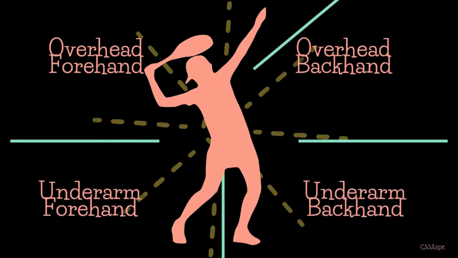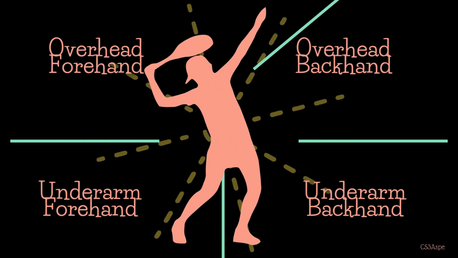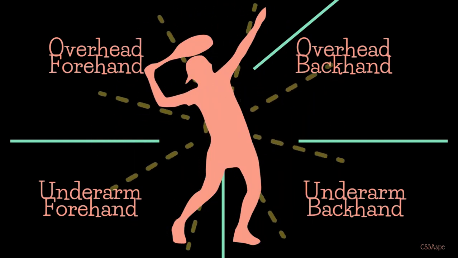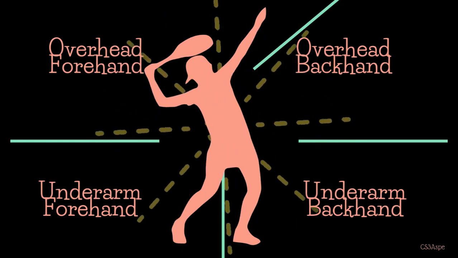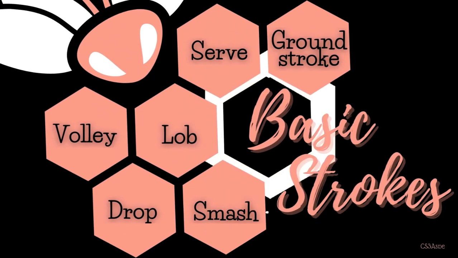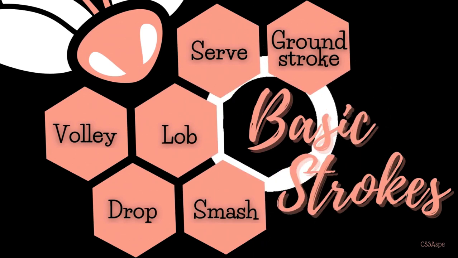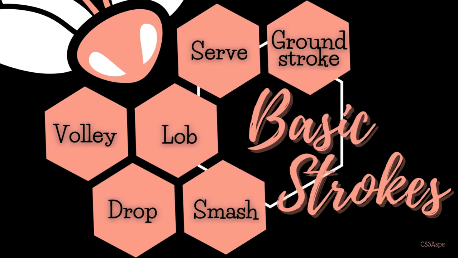This can be done using overhead forehand, overhead backhand, underarm backhand, underarm forehand. The basic strokes for tennis are serve, ground stroke, volley, lob, drop, and smash.